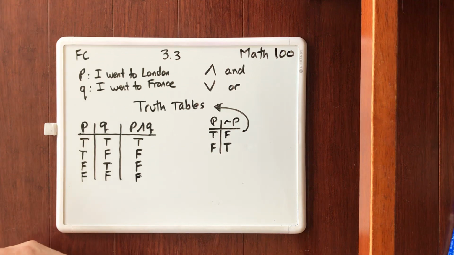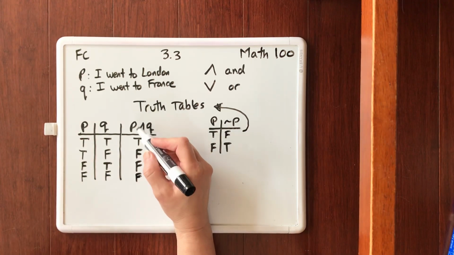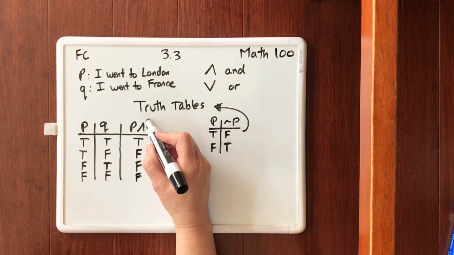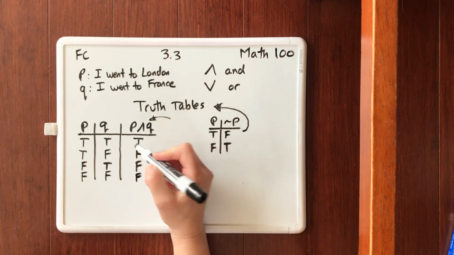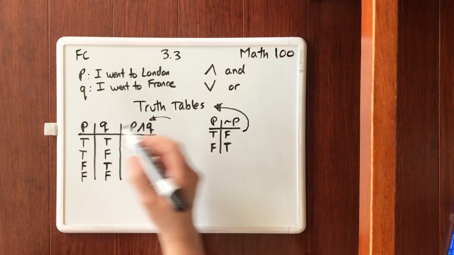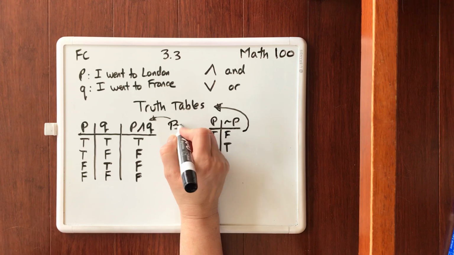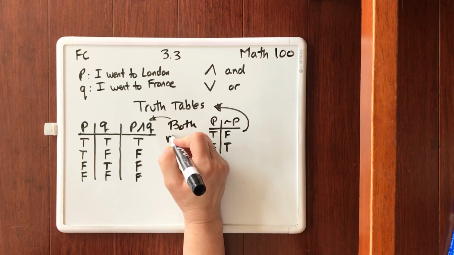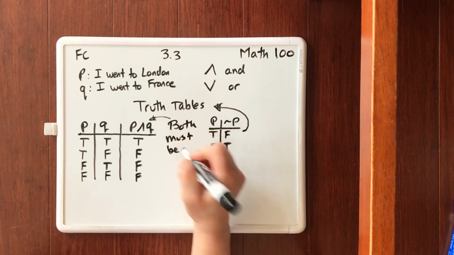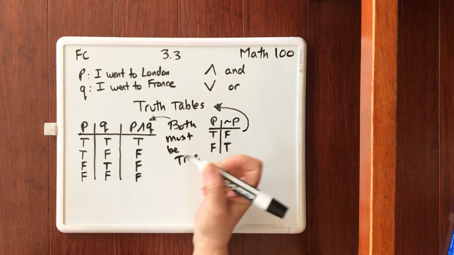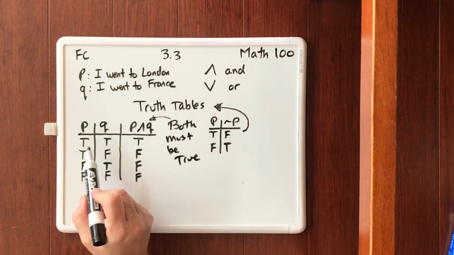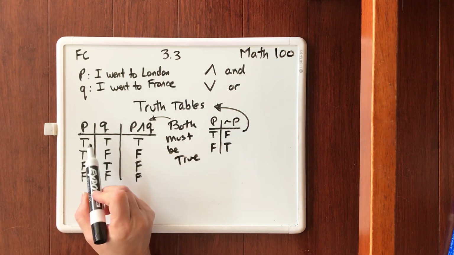Now something to note when you see the word and, this little upside down V. In order for this to end up being true, both of these must be true. Both must be true. So when looking at the truth table, all we have to do for this and is look for two truths.